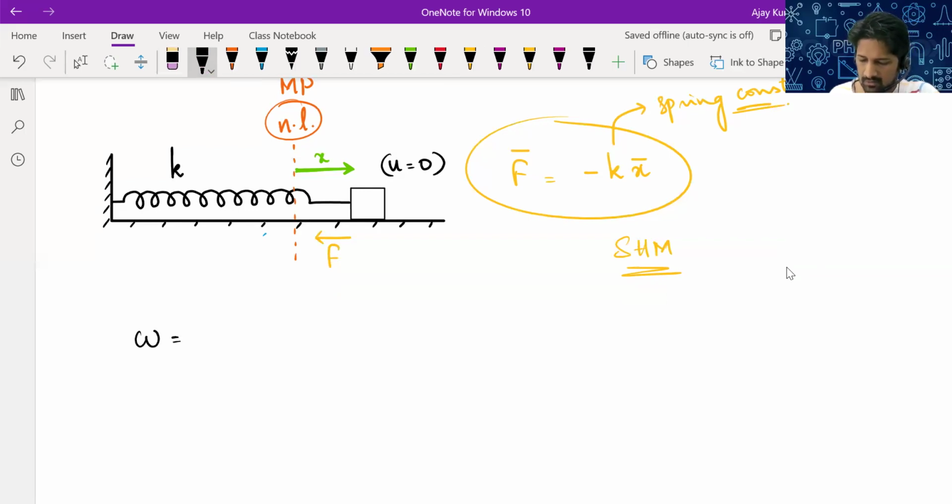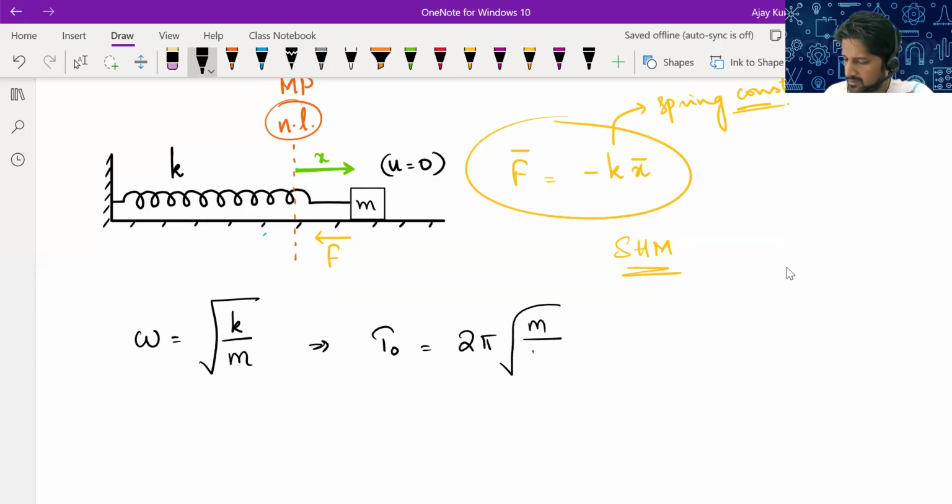Omega will be under root K divided by M, where K is the spring constant of the spring and M is the mass of the block. Then from that you can say time period is 2 pi under root M by K. That's the time period of oscillation of this spring block system, where M is the mass of the block and K is the spring constant.